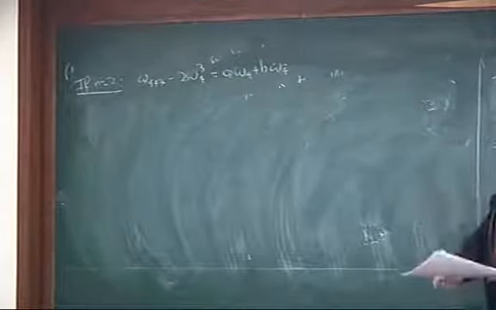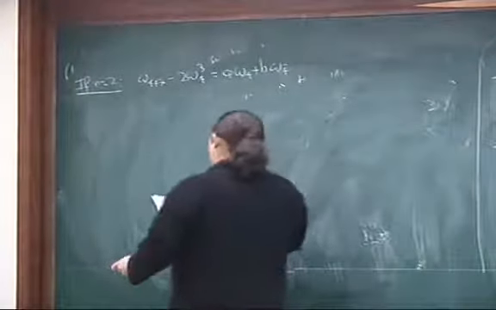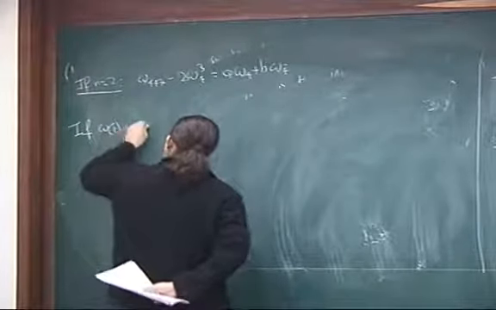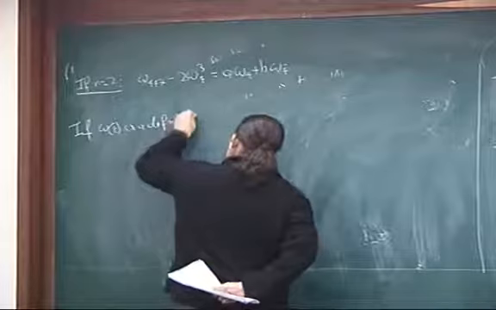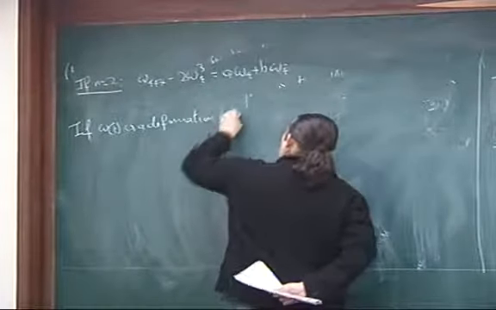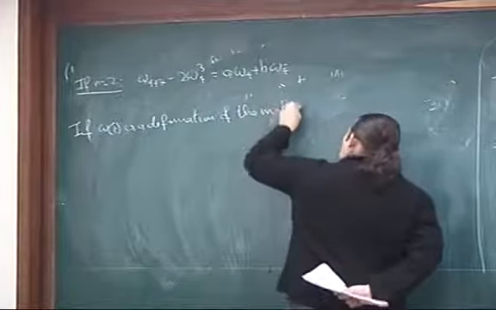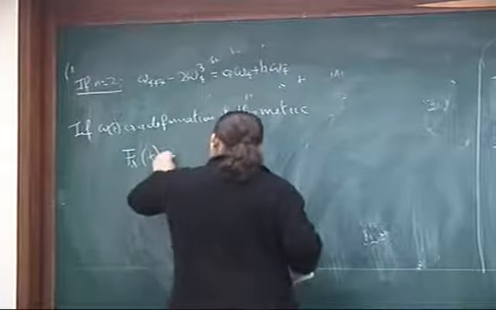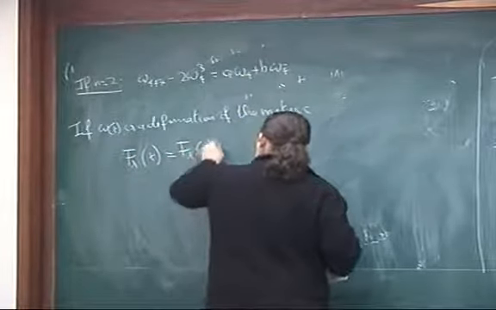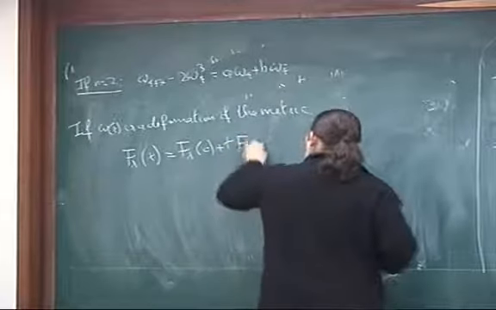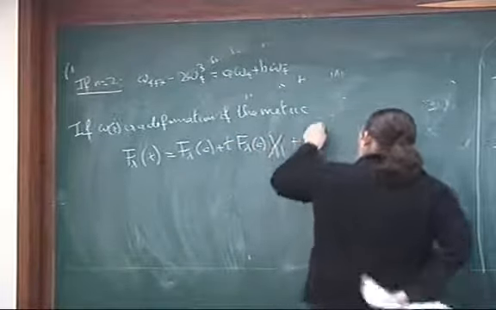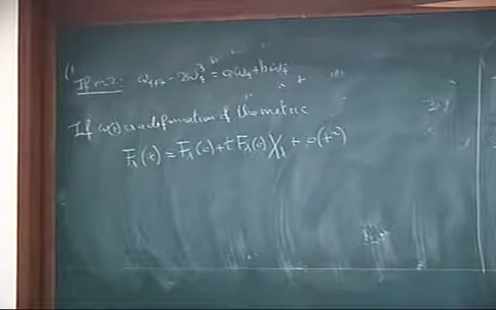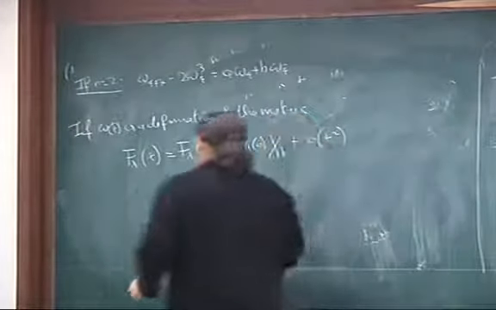And what about Schiffman? If omega t is a deformation of the metric, it corresponds to a deformation of the frame, and I'm looking only at order 1.